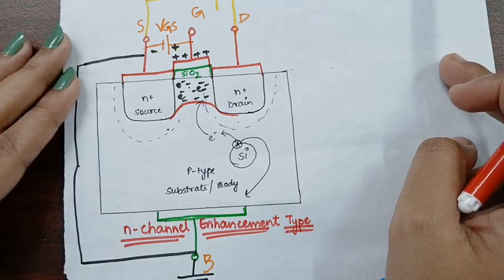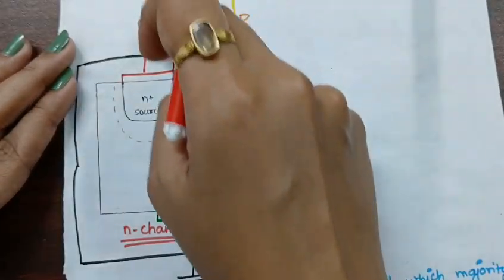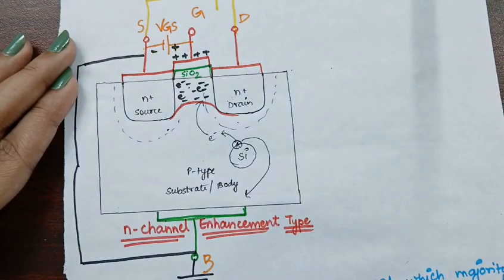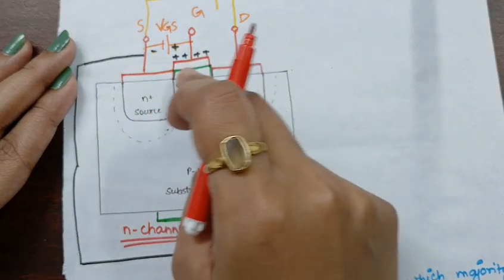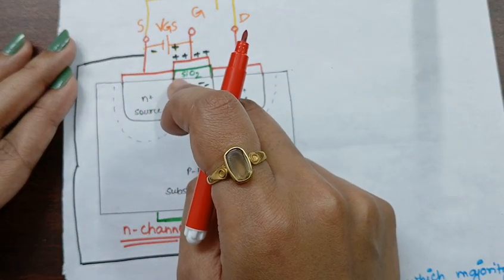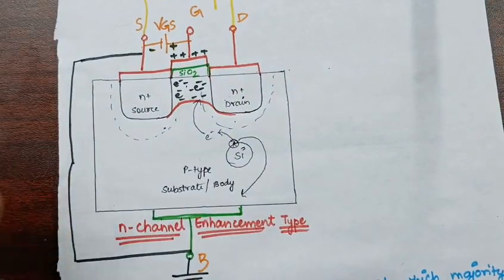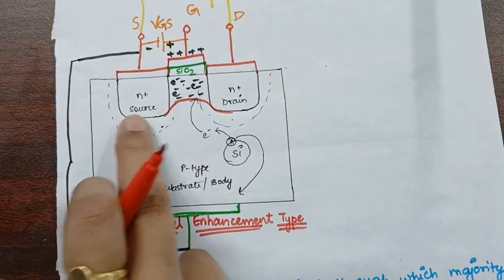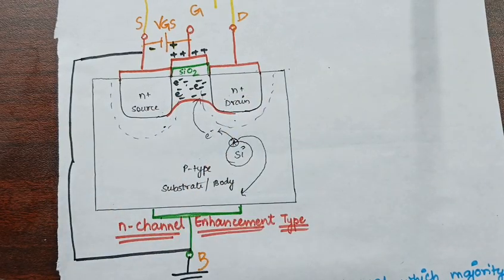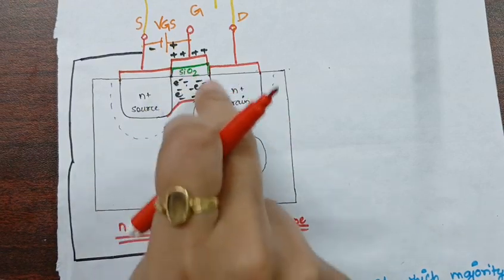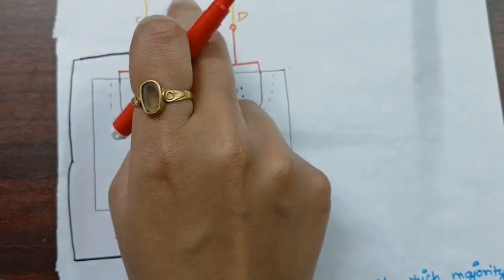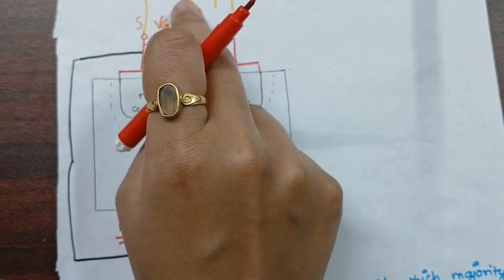Now, if we keep on increasing this VGS value, the electric field will keep on increasing and the electrons will accumulate over here. Okay. And that will form a channel. So now our channel is formed. This is source, this is channel, and this is drain. Got it? Now, this channel is created at a certain potential, that is at a certain value of VGS.